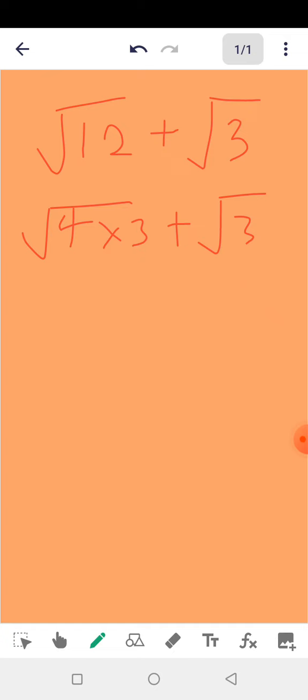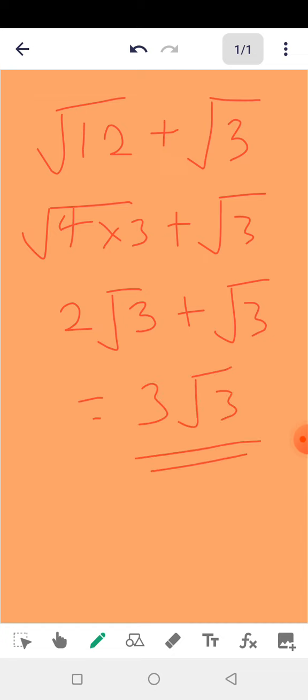So I'll have 2 root 3 plus root 3. Now because these surds are of the same kind, 2 root 3 plus an invisible 1 root 3, I have 3 root 3 as my answer. So this is how we add surds, basically. Very, very simple.